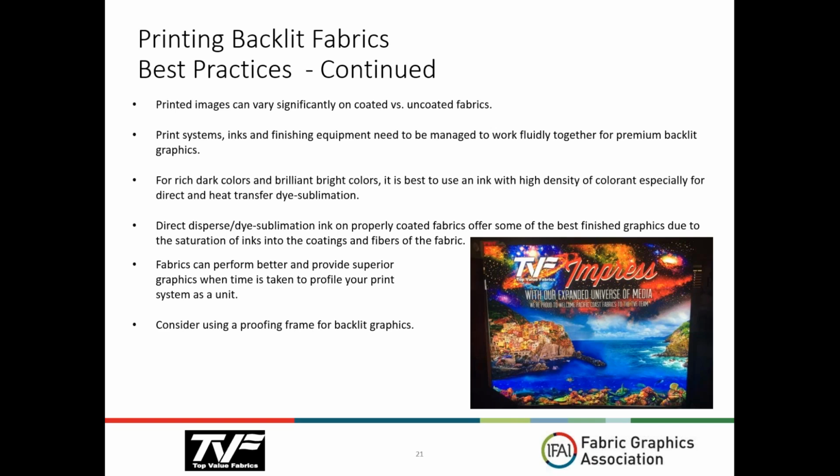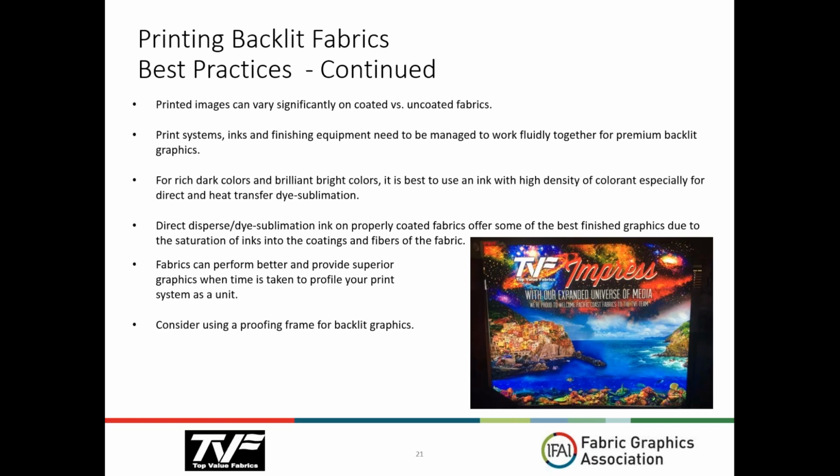And I'll bring up here, with a coated backlit fabric, when you print the ink, whether it's direct dye sublimation, disperse, or heat transfer, these particular fabrics were actually run at 400 degrees Fahrenheit on the heat press with a 55-second dwell time, which is a much higher temperature and a much longer dwell time than you would use on a typical polyester print. And the reason is because you're really, by doing this, driving the ink into the fiber.